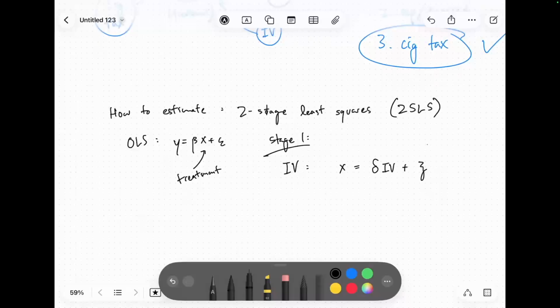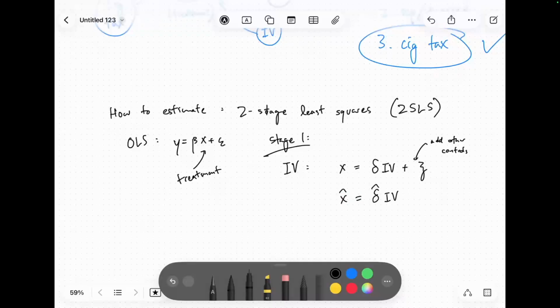And here we would actually need to add other controls if they are present. And we would have X hat here and IV like so.